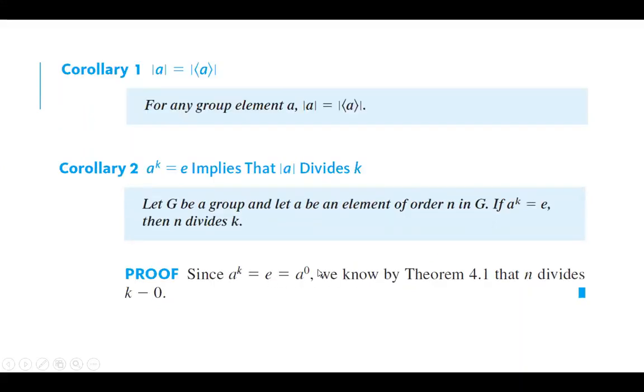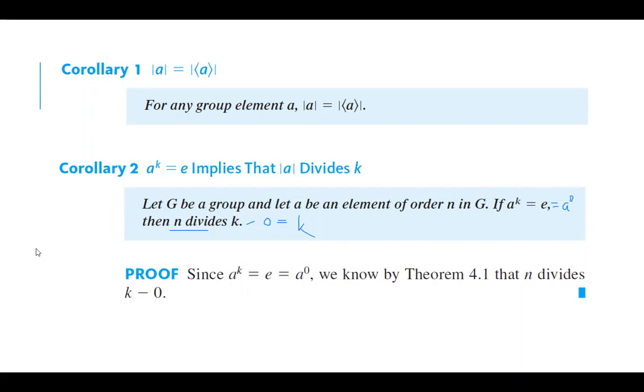So here n divides k minus 0, and k minus 0 is k. So that means n divides k. This is the proof of this corollary.